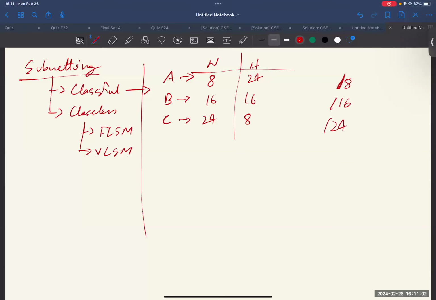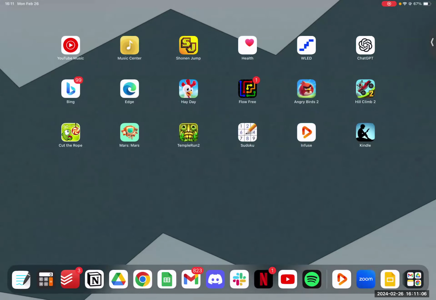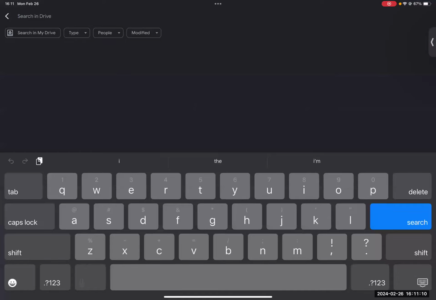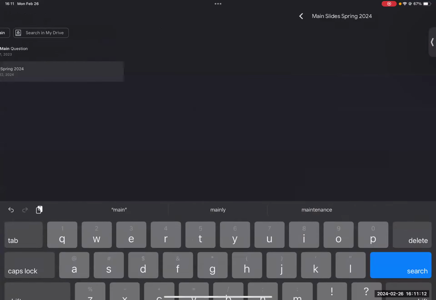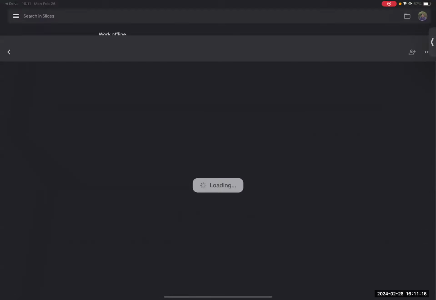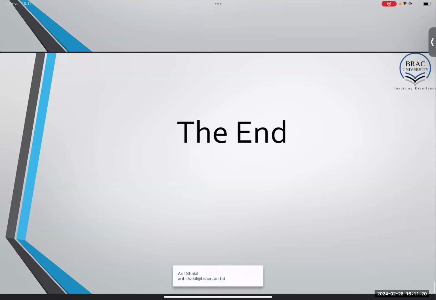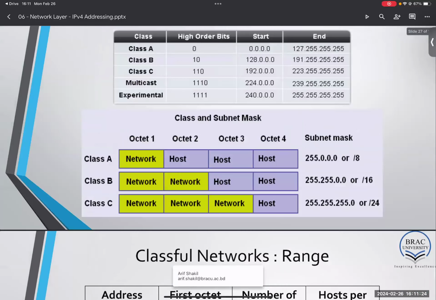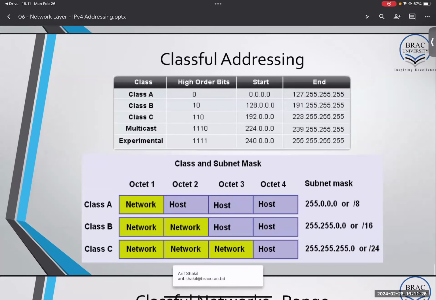Now there is a start number, there is a range. Let me get that range. Here you go. So these tables. So class A, as you can see, class A has a range of 0 to 127.